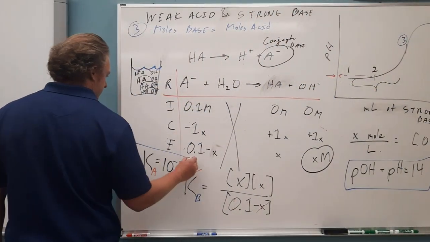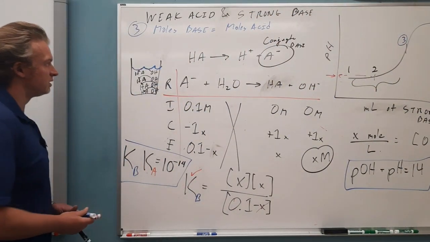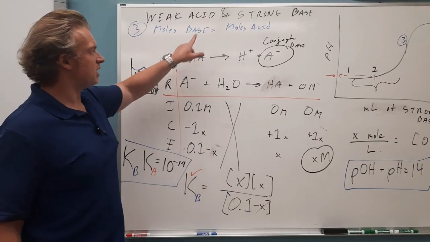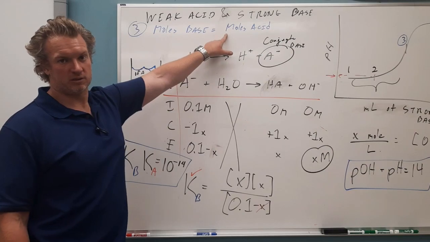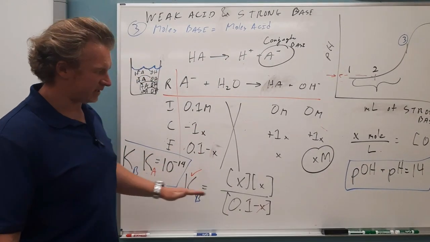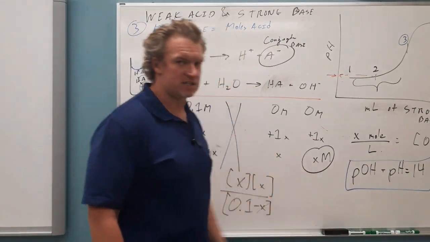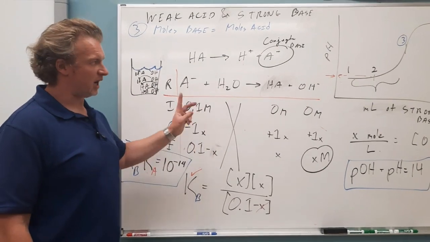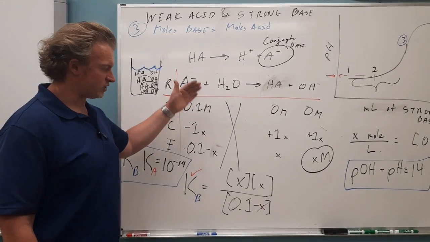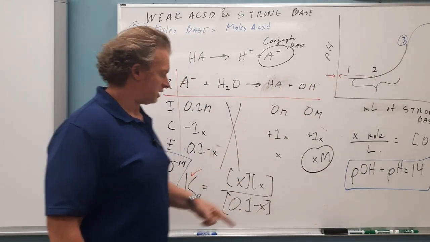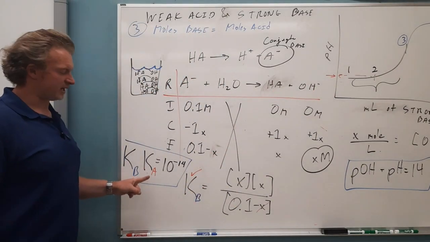When you are at a weak acid, strong base equivalence point, run a Rice table. We have a Rice table of the conjugate base, and we solve this very similarly to point 1, except we have to keep in mind a few things here.